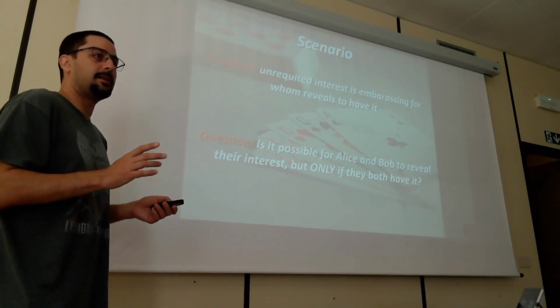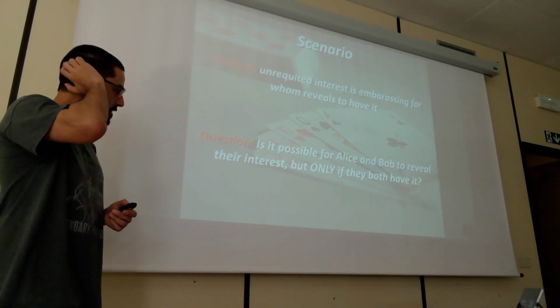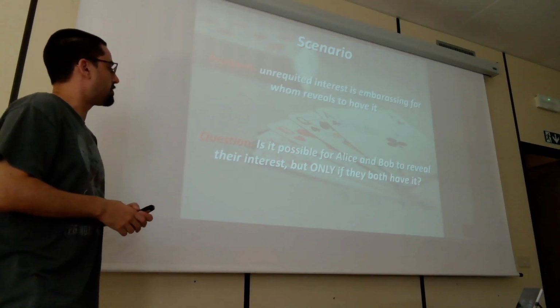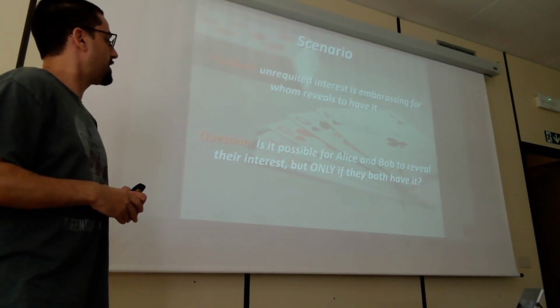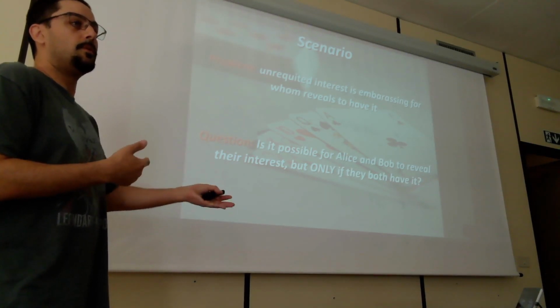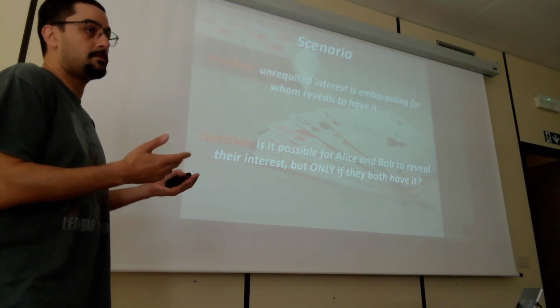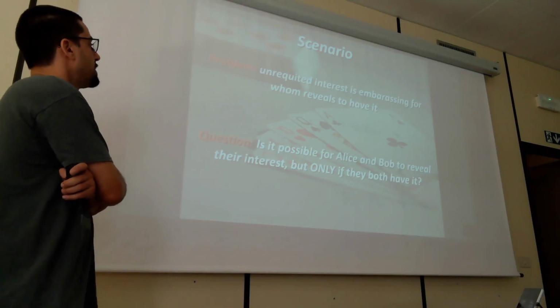In all the other three combinations, where neither has the interest or only one of them has it, the other party cannot understand the presence or absence of the interest in the other party.